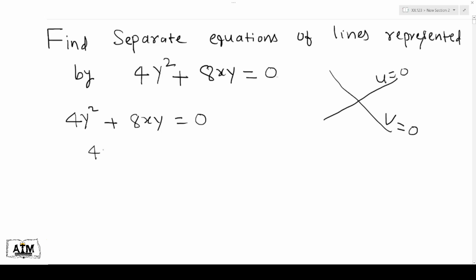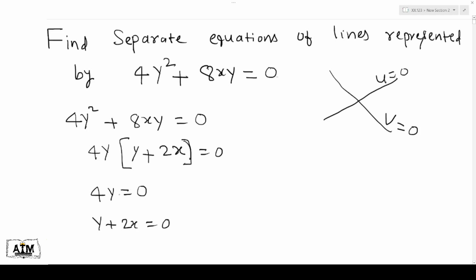I take 4y common, so I get y, and from 8xy, 4 is already taken common, y is also taken common, so here 2x, equals 0. Therefore 4y equals 0 is the first equation, and y plus 2x equals 0 is the second equation. 4y equals 0 implies y equals 0, and y plus 2x equals 0.